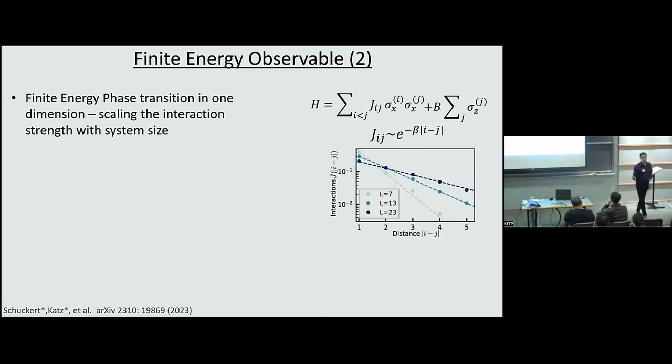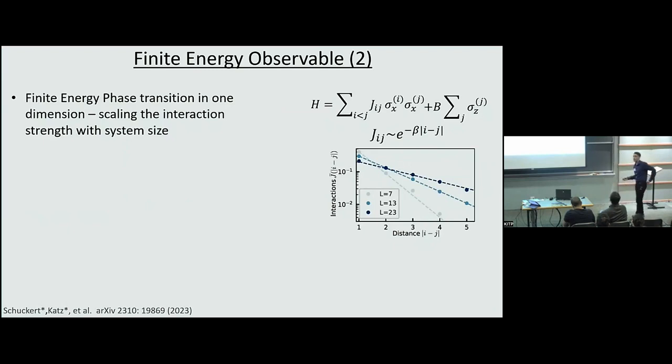We all know that for short-range interacting one-dimensional systems, there is no phase transition, but what we do here is we apply a slight modification to this model where we take this coefficient beta and we scale it extensively with the system size. So for L equals 7, we have a short-range interaction, and as we increase the system size, the interaction becomes longer and longer range, although it's exponential.